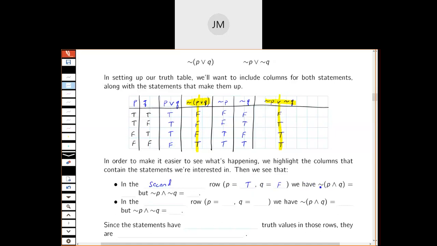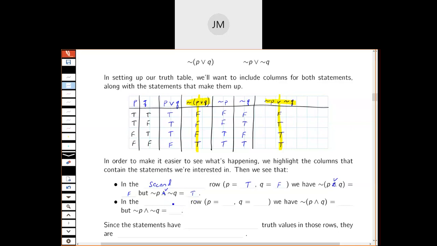Then our not, wait a minute, I think we have a typo here. This should be not P or Q. The not P or Q is false, but the not P or not Q is true. Okay.